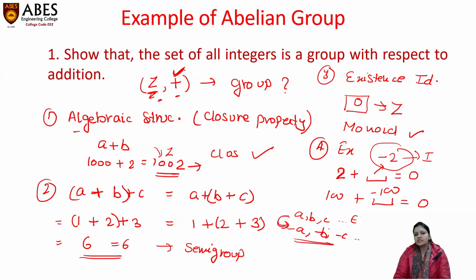So here we can see that the inverse of every integer is also an integer. So inverse also exists in this particular group of integers. So here we can say that the fourth property is also satisfied. As all the four properties are satisfied, this is a group. A set of integers with addition is a group.